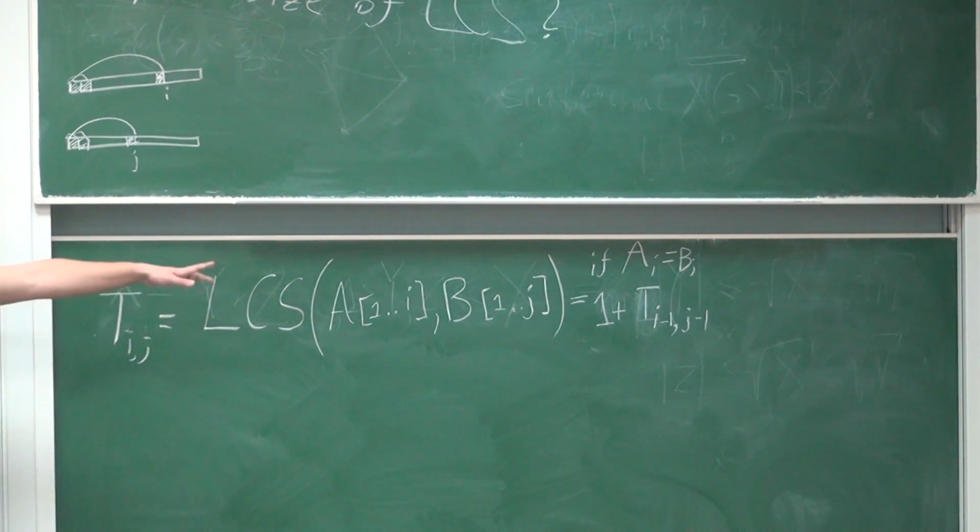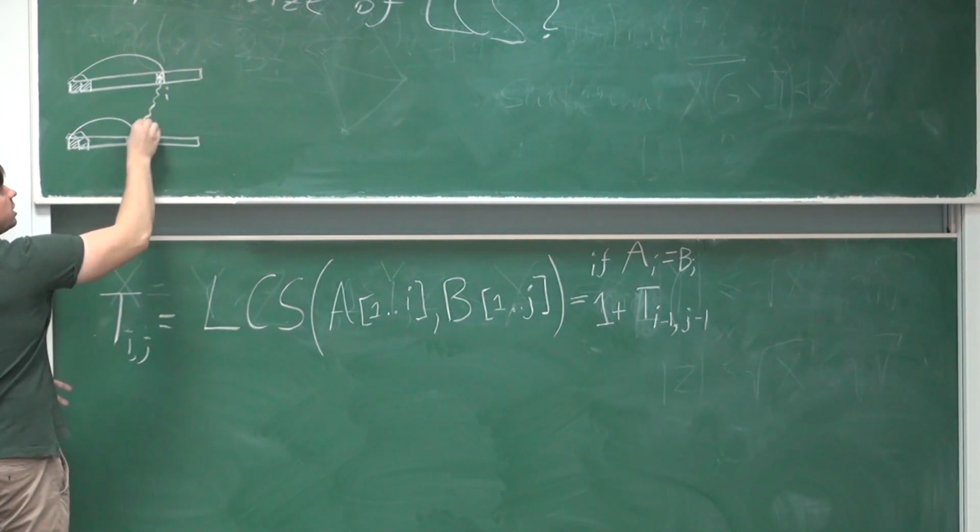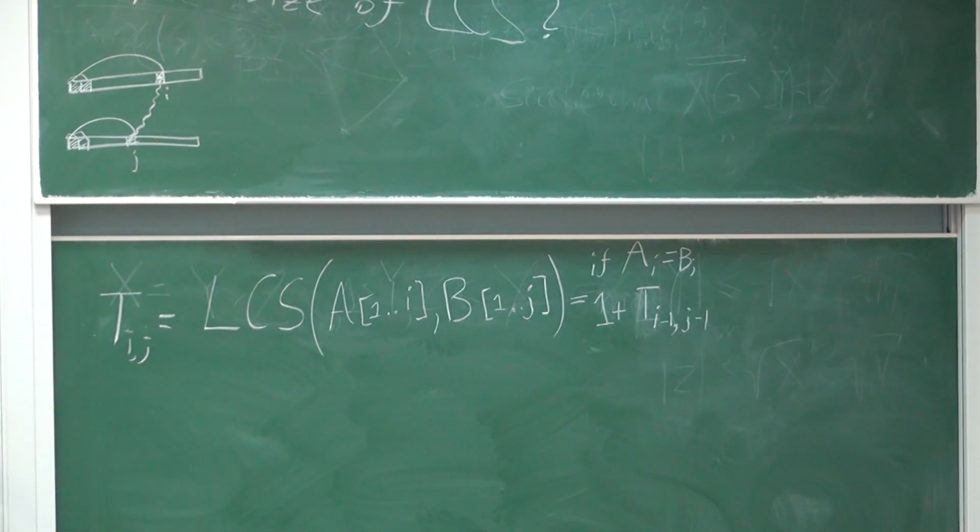So this is not too hard to see, right? We can match those two and say, hey, those two are the same character, and there is no reason not to match them in a sequence, right?